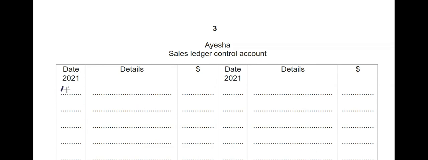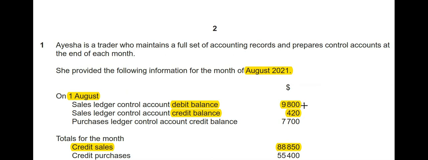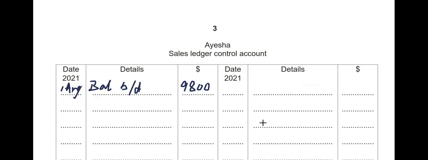Now starting off, important to write the date, and we will first write the opening balances that are given to us on the opening date, that are like balance BD. There was a credit balance and a debit balance given to us. So balance BD on the debit side is simply 9800, and the credit balance that was given to us was 420.